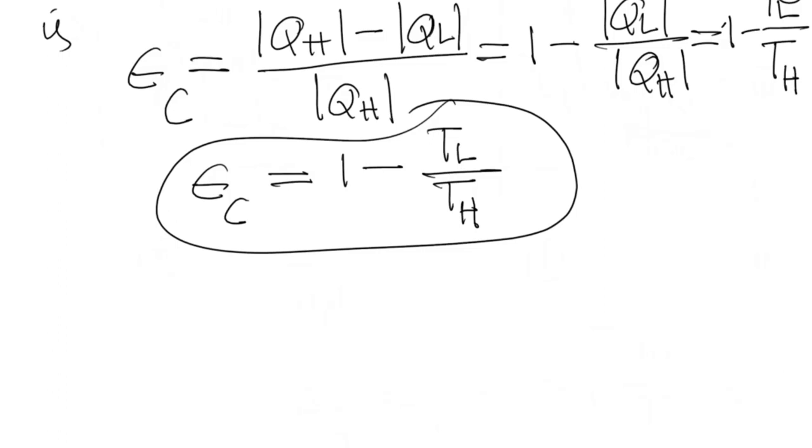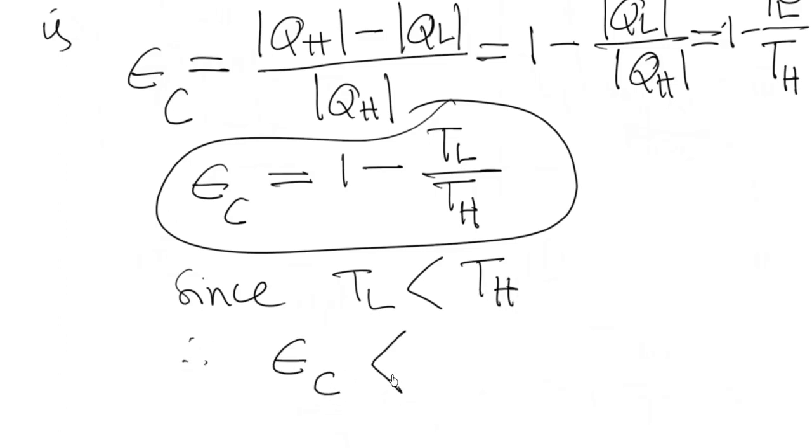Here the temperatures T_L and T_H are in kelvins. Since T_L is less than T_H, therefore the efficiency is less than 1, that is, efficiency is less than 100%.